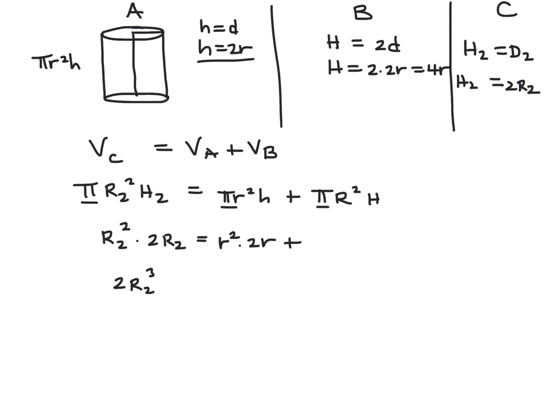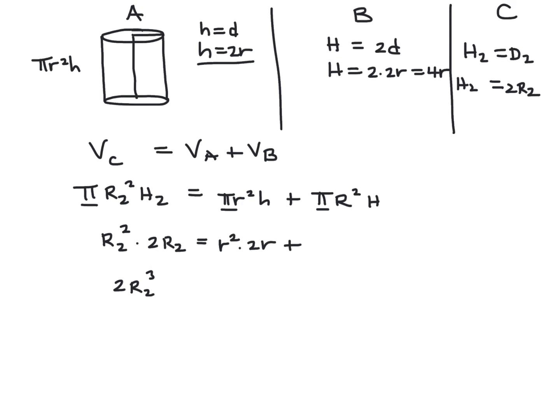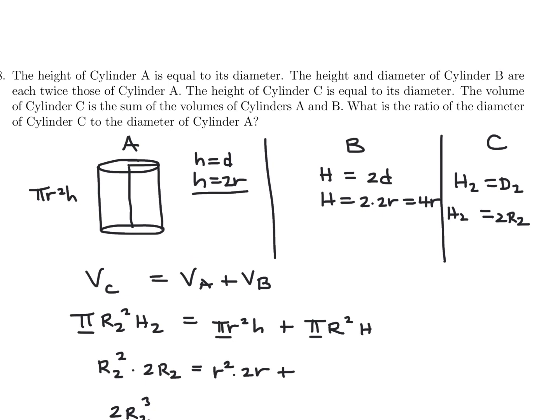And then this one is big R squared, but big R squared was the same as, it was twice, right? So it's 2r. Yeah, if you go back to cylinder B, the height and diameter are twice that of cylinder A, so that means the radius is also twice.